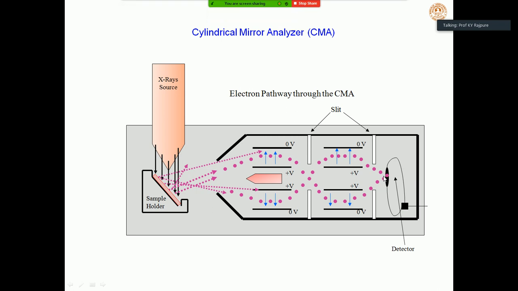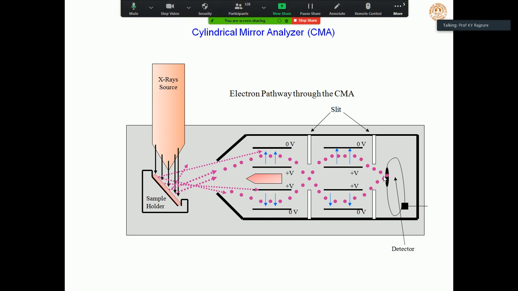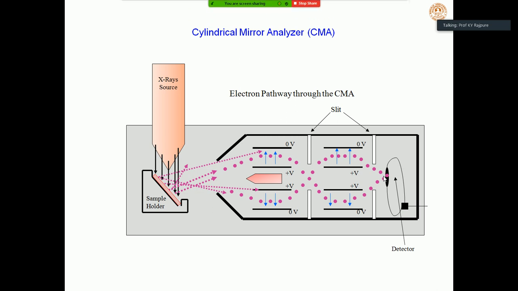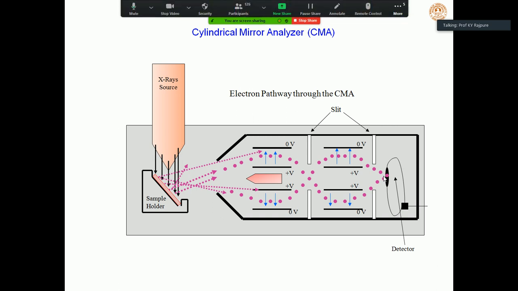Of course, this is complicated technology, but the choice is a voltage. So voltage is proportional to energy, you can say. So you apply a particular bias to the inner cylinder, and collect only those electrons. Measure intensity, apply another bias, measure intensity, and you have the graph.